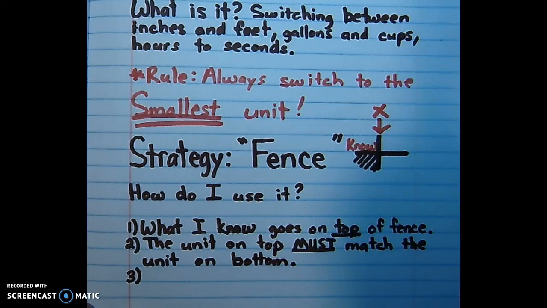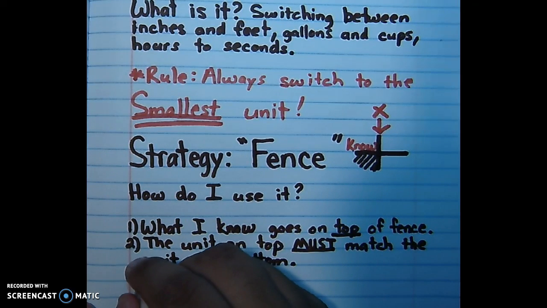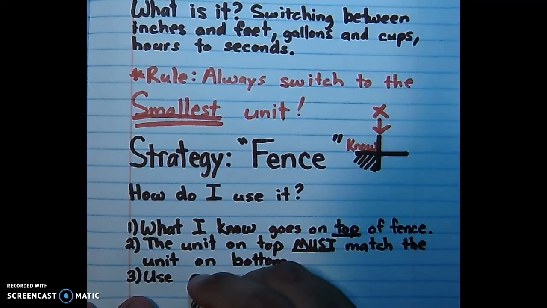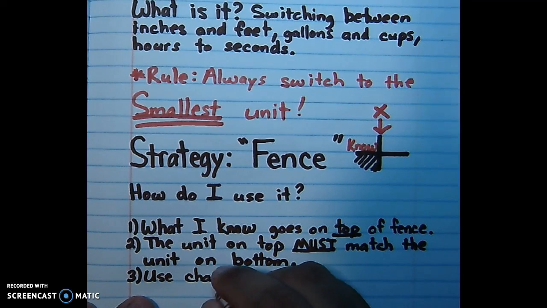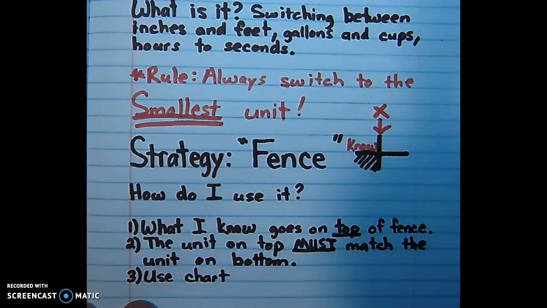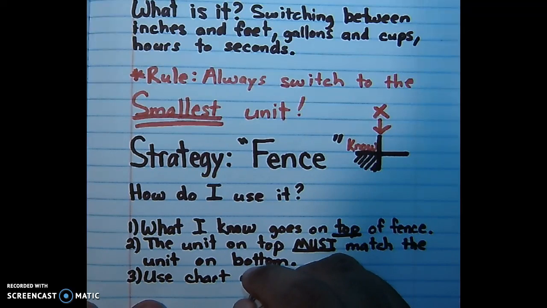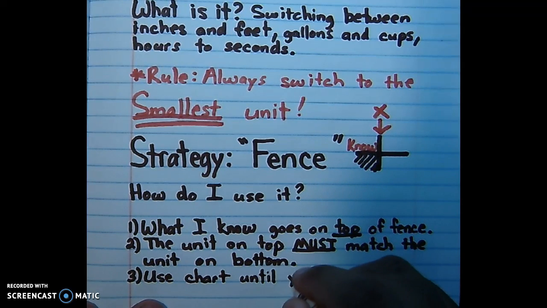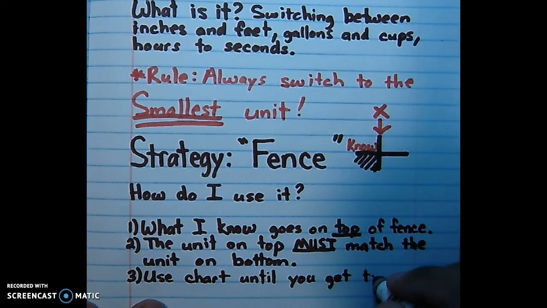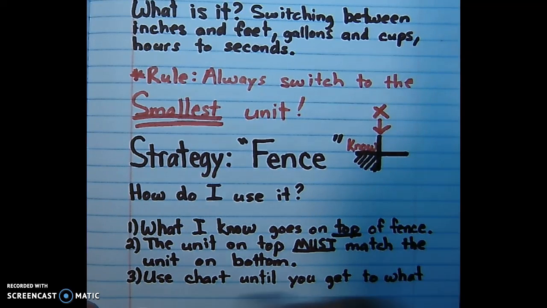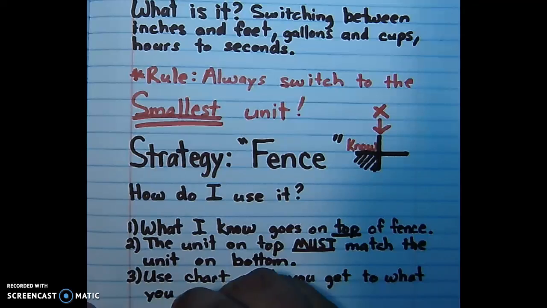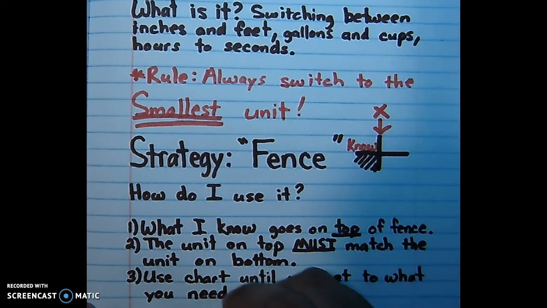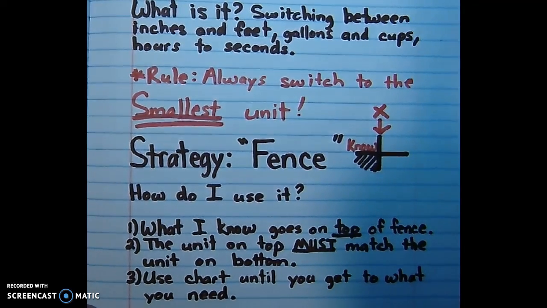So number 3, I'm going to use my conversion chart, and they'll give this to you on the test, or they'll give it to you on the STAR test. Use your conversion chart until you get to what you need, or whatever the problem is asking you for.